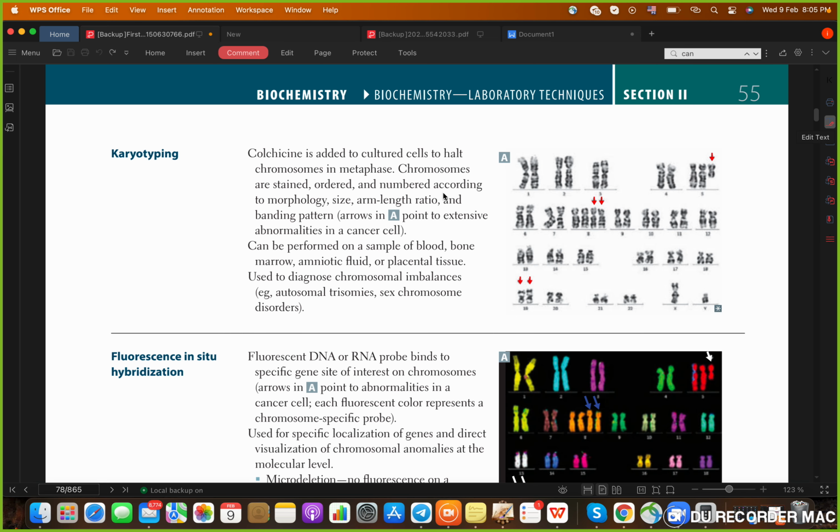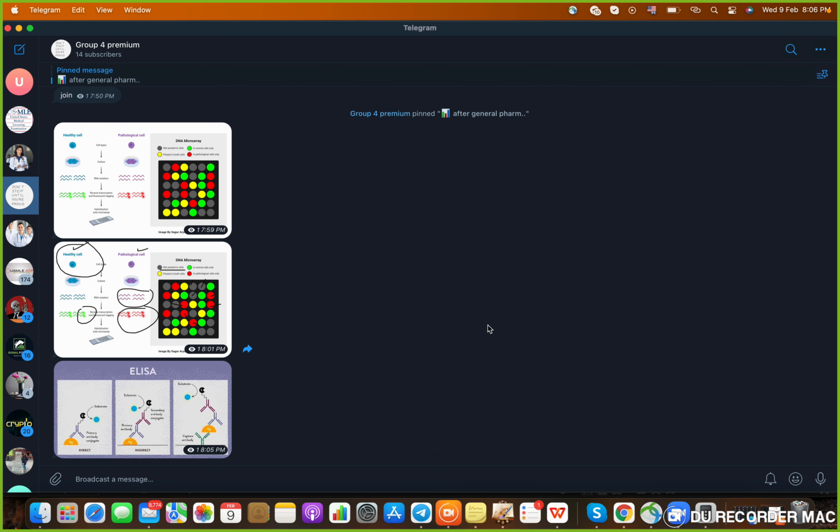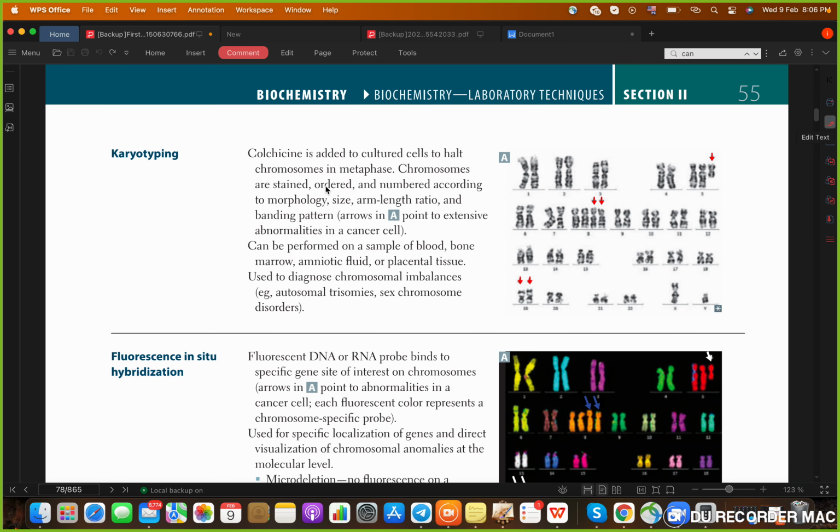So karyotyping, we utilize something called colchicine. Colchicine, where did we hear this word? Anybody know what colchicine is? What is this drug? It inhibits something. What was it? Well, I hope you are thinking about microtubule inhibitor.